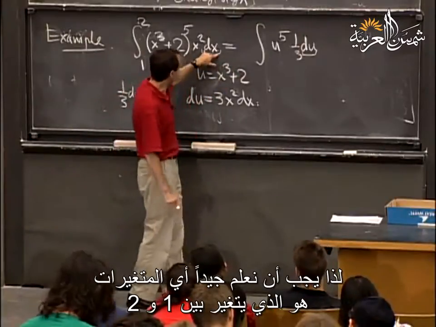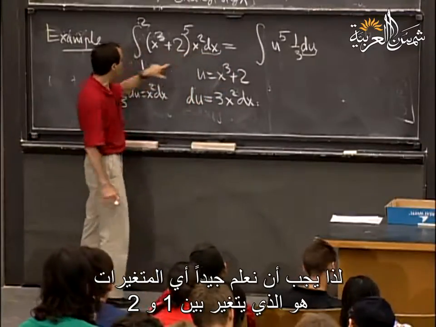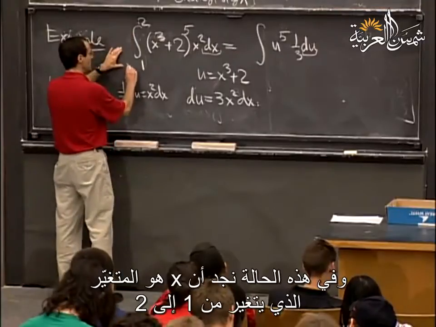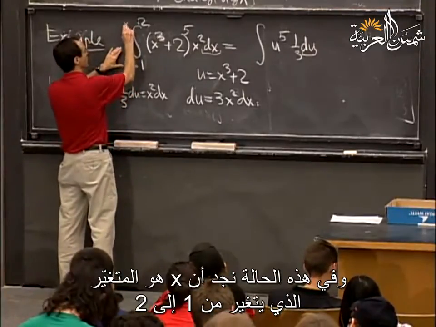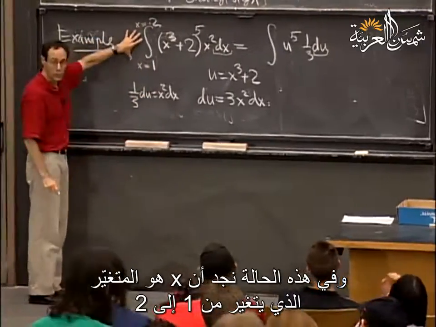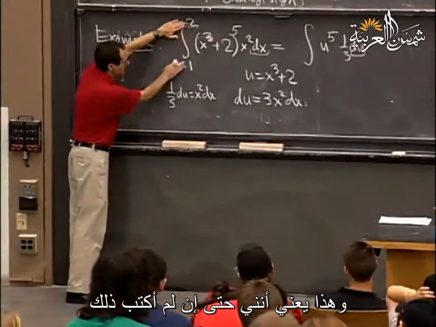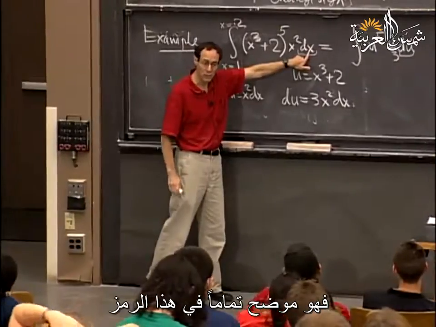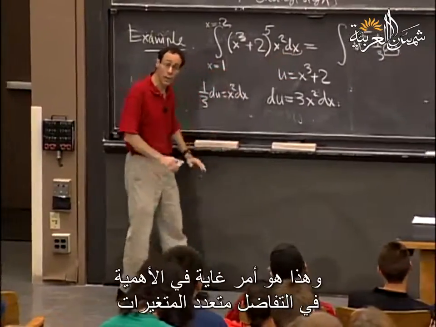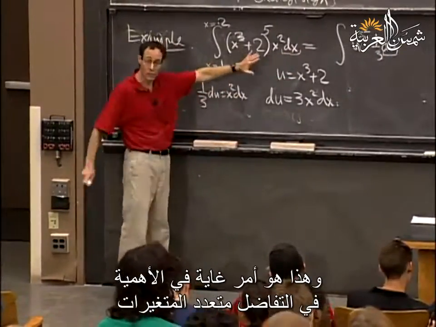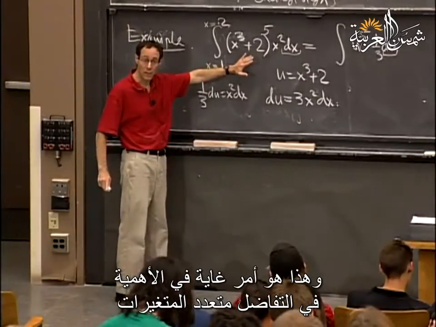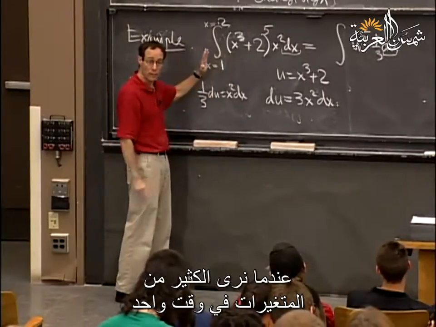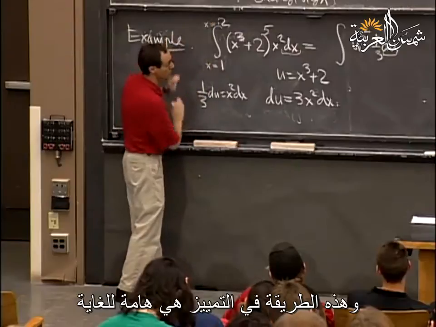So you must know which variable is varying between 1 and 2. And the answer is it's x that's varying between 1 and 2. So in disguise, even though I didn't write it, it was contained in this little symbol here. This reminded us which variable. You'll find this amazingly important when you get to multivariable calculus, when there are many variables floating around. So this is an incredibly important distinction to make.